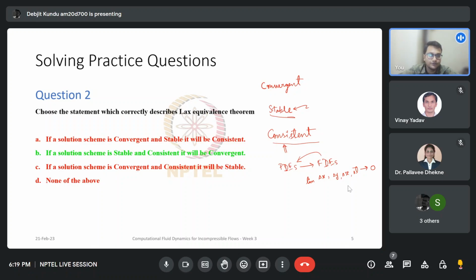What does stability of a numerical scheme mean? Any guesses, anyone? We hear this term, right? Stable, unstable.